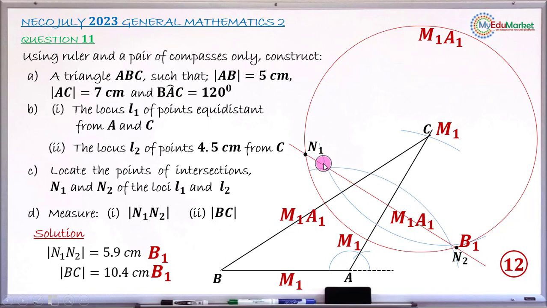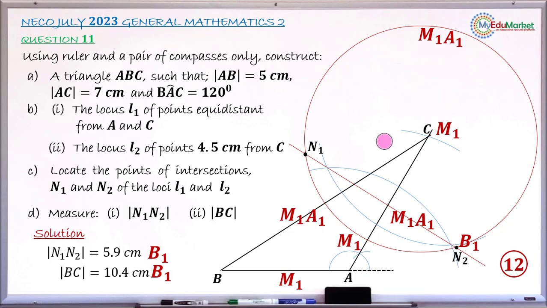That gives you the locus L1. So you have this M1, A1 for doing that. Then the next mark is this M1, A1 mark, and this M1, A1 mark is for drawing the locus L2. That is drawing this circle, center C, radius 4.5 centimeter. You have this method mark and this accuracy mark.